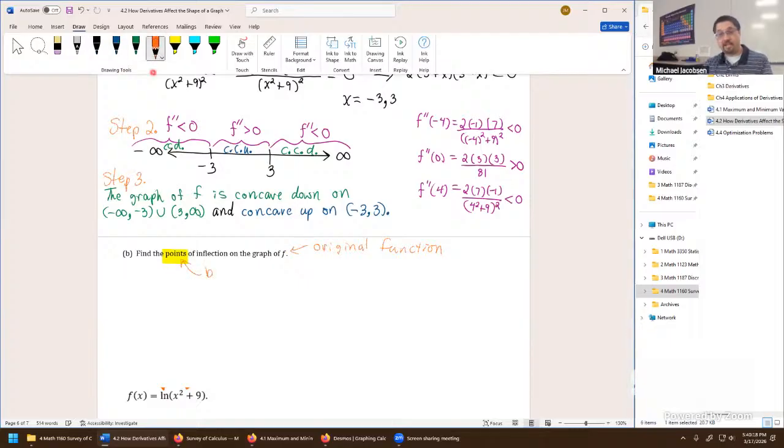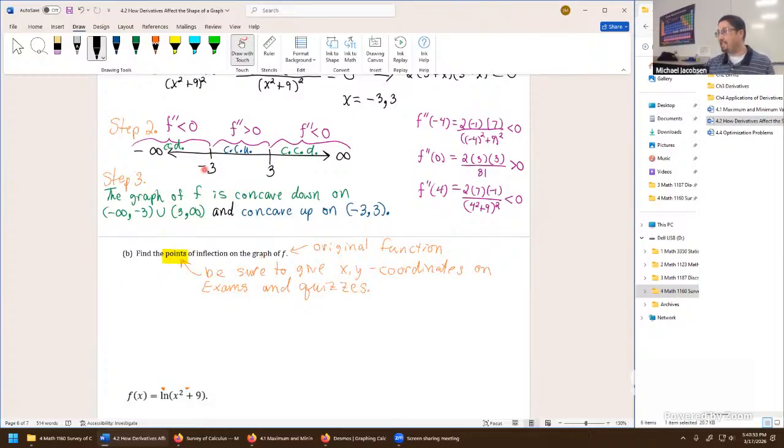But let's put down a comment here: be sure to give x, y coordinates on exams and quizzes. It's easier to forget that on exams and quizzes, but the emphasis is always going to be here. It's always going to say points as a reminder, on the graph as a reminder as well.